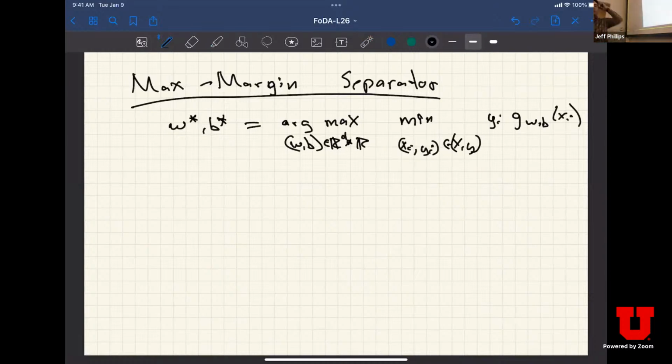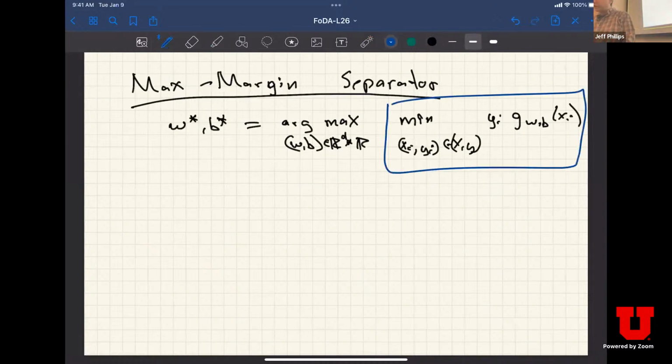Okay, so this inner part is just to find the margin, and I'm finding the maximum choice of the margin over all possible classifiers. So the one that's maximizing this margin is the max of the min over all of the data points here.